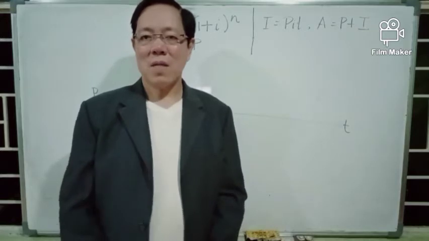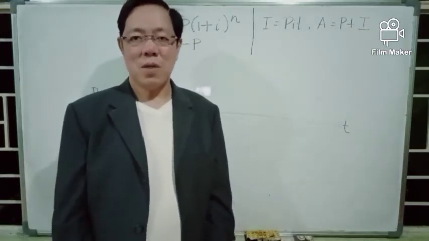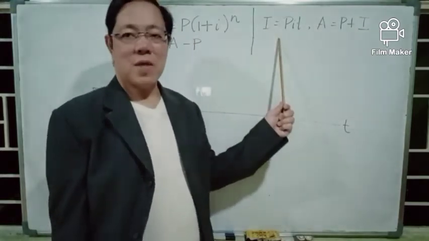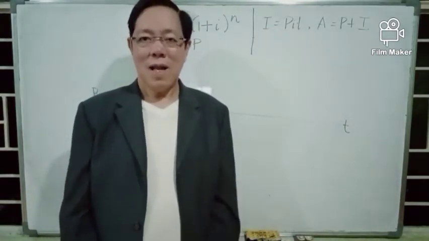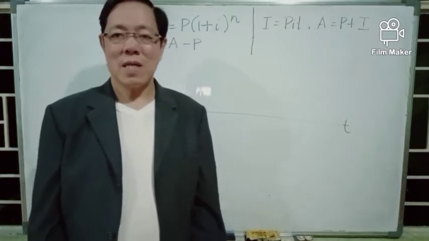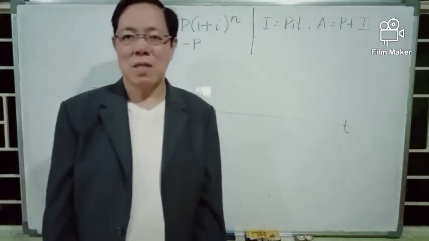While at compound interest rate, it is not possible to compute first the amount of interest. There is no formula that will allow us to compute directly the amount of compound interest.